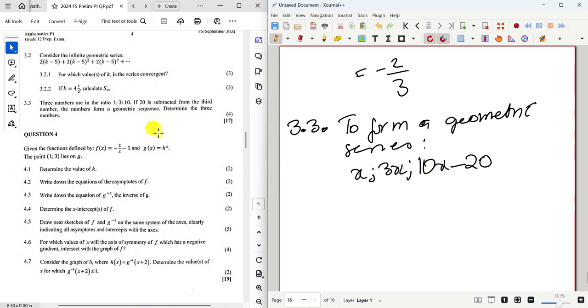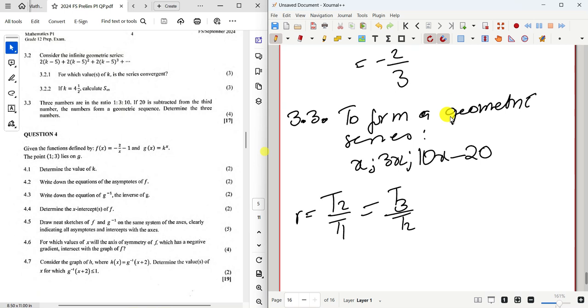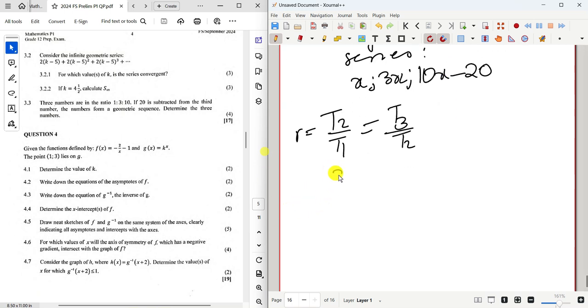Now, originally it is x, 3x, and 10x. To form a geometric sequence, we need r equals t2 over t1 equals t3 over t2. So what is t2? T2 is 3x. What is t1? It's x. What is t3? It's 10x minus 20. And then t2 is 3x.